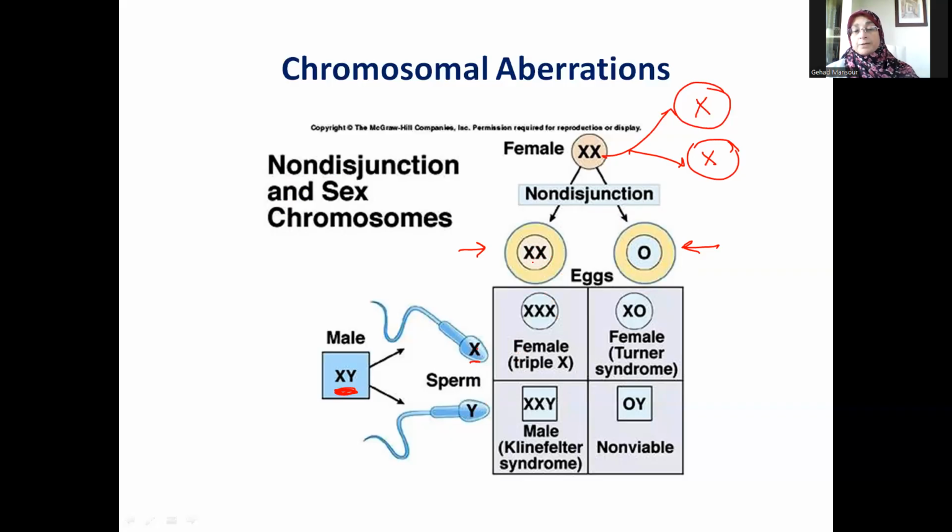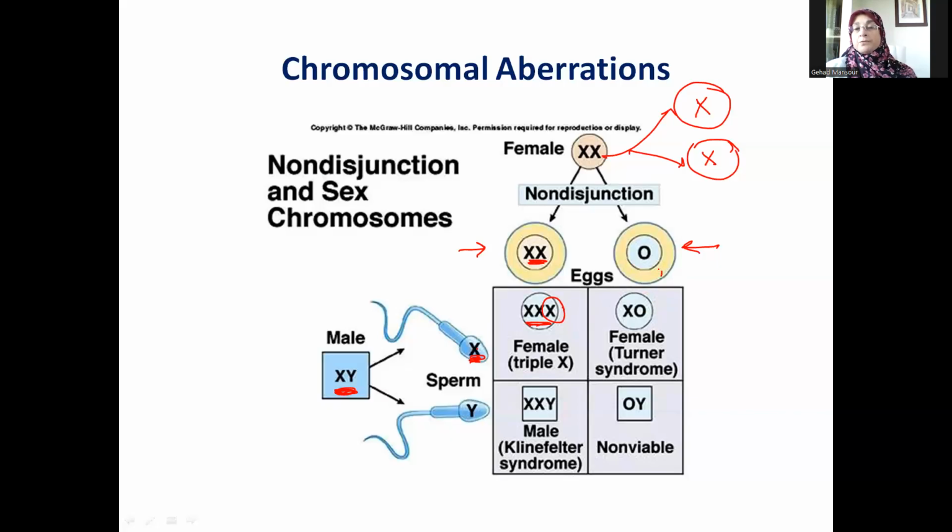So if an XX egg, which is an abnormal egg, is fertilized by an X sperm, which is a normal sperm, we get a female that is XXX or triple X female. And this is an abnormal female because she has an extra X chromosome.